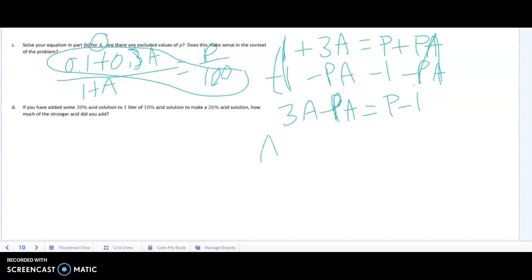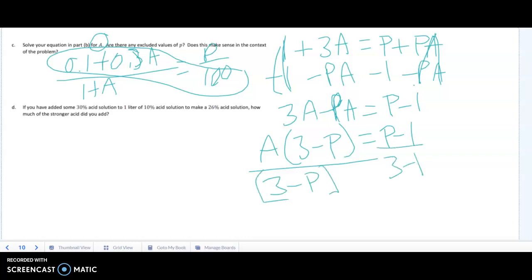I can factor out an A here. That leaves me a 3 minus P. Since I'm solving for A, I got to get A by itself. So I can now divide by 3 minus P. That cancels and leaves me with A equals P minus 1 over 3 minus P. And that's my answer.